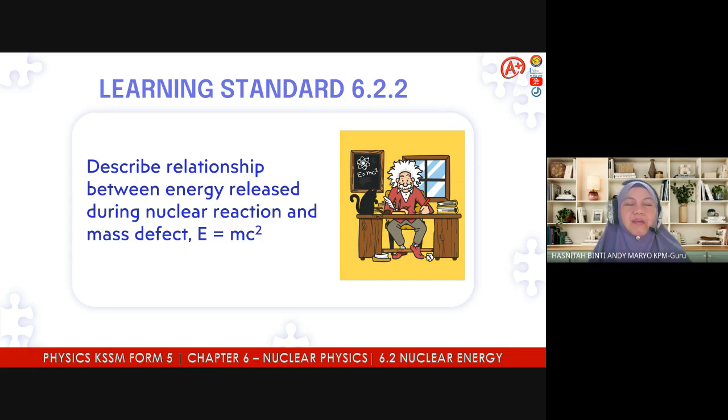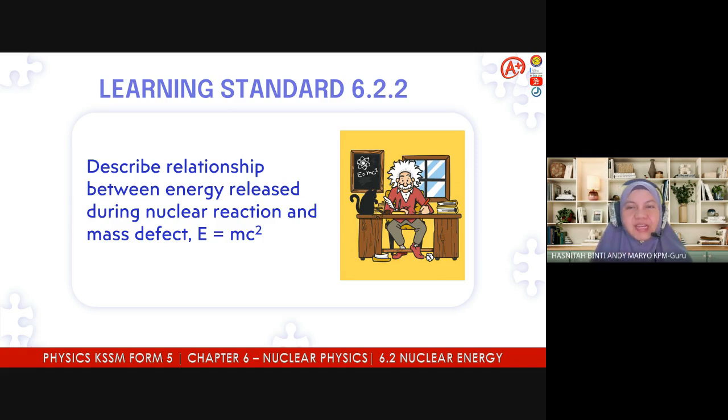Okay, what about B? This is the definition for nuclear fusion. Nuclear fusion is a nuclear reaction that occurs when what? When what and what combine to form? When small and light nuclei.